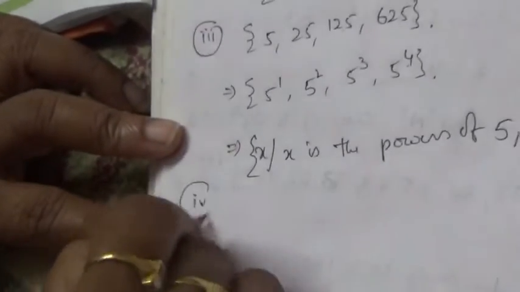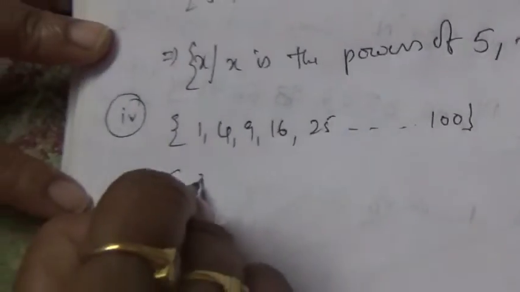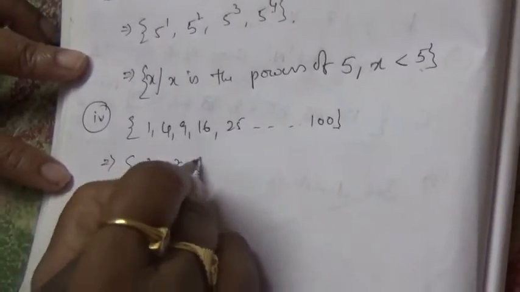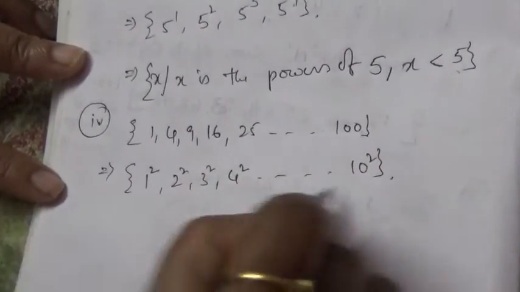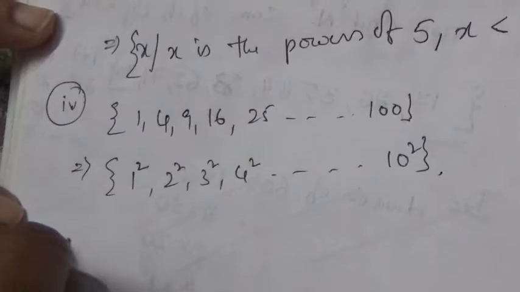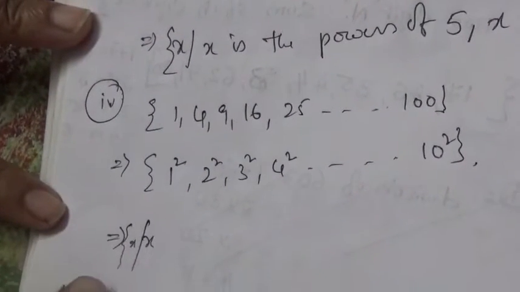And the fourth sum, 1, 4, 9, 16, 25 up to 100. These numbers can be written like this: 1 square, 2 square, 3 square, 4 square, and so on, 10 square. These all are the squares of natural numbers. So how can we write this in set builder form?